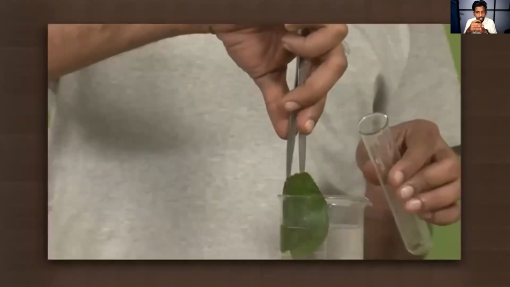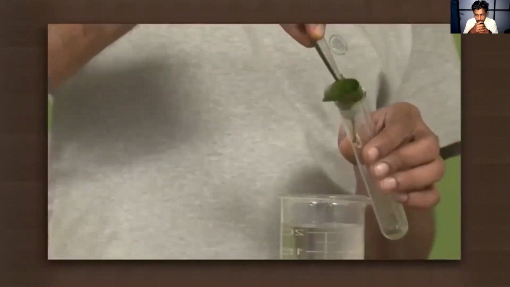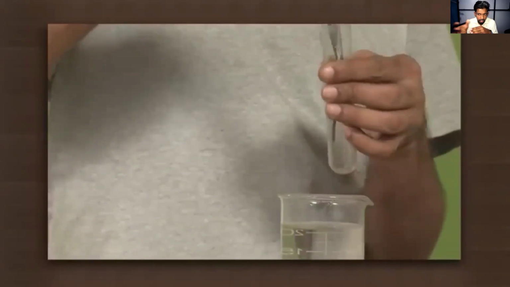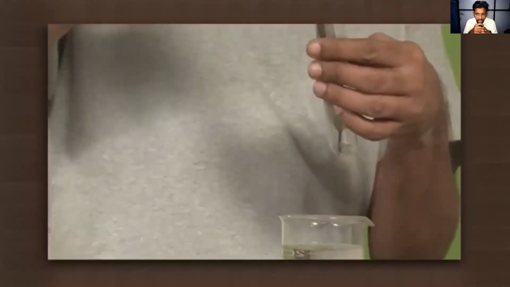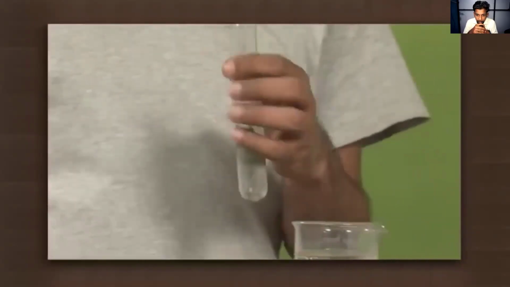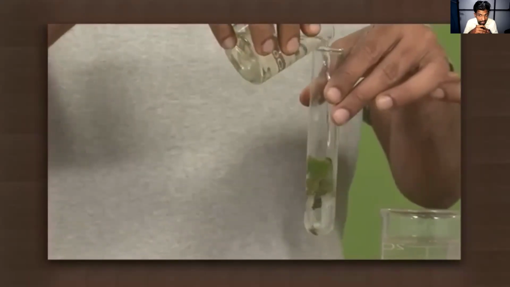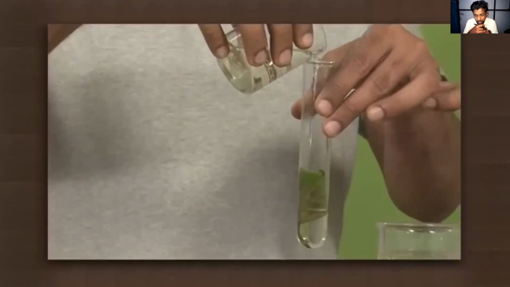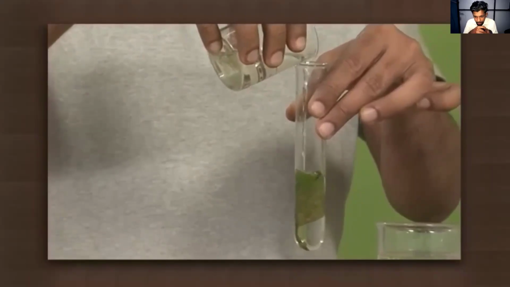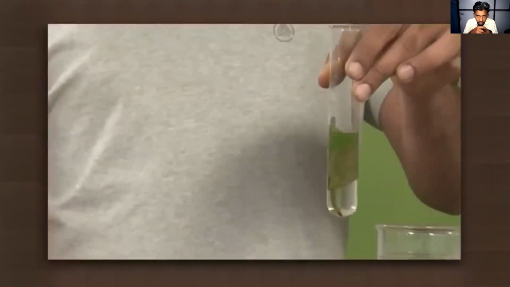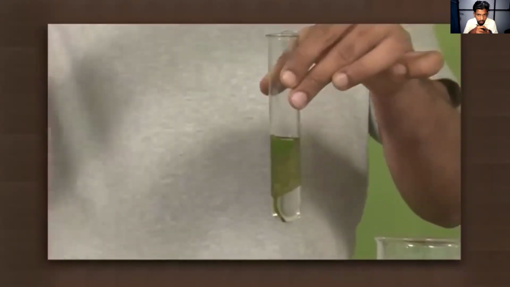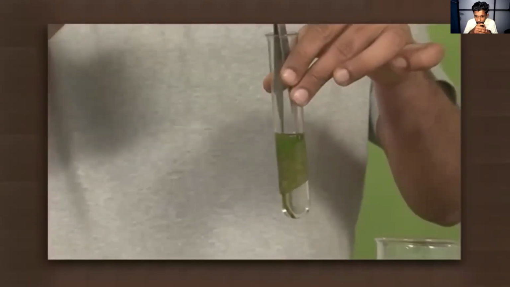You know the reason for that. Now we are going to put in the test tube containing the alcohol. You can see alcohol is a colorless solution, a colorless liquid. Now we are going to put it into the hot water to heat the test tube. Just watch the video.